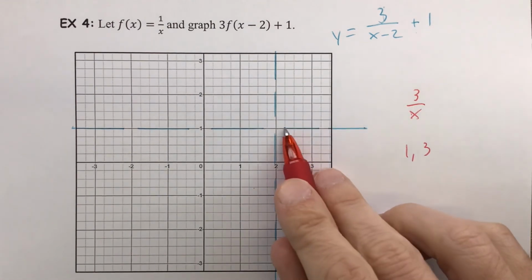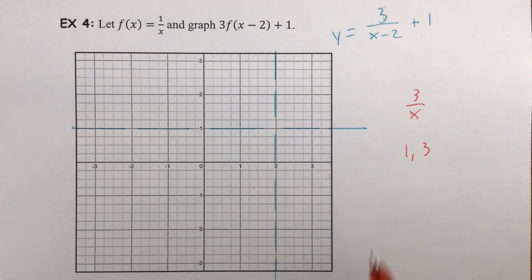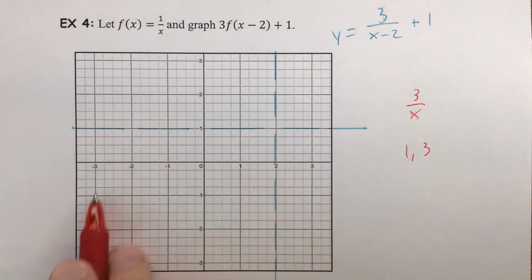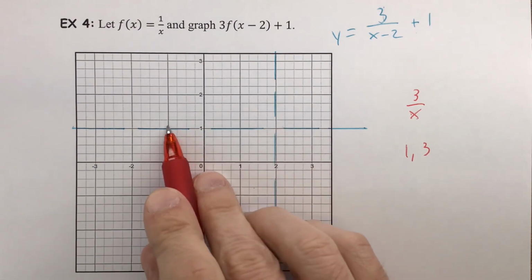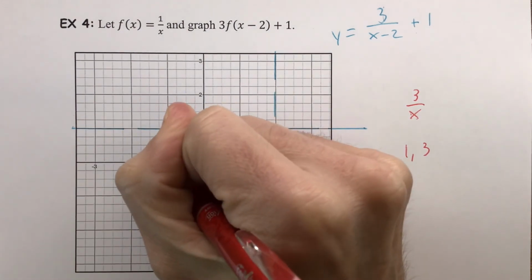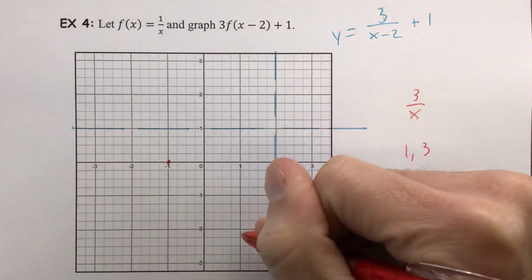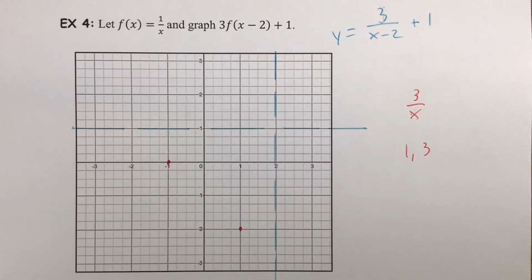As well, you could go 3 units this way and up 1. Again, that doesn't fit. But I can still plot the points over here. I can go over 3 and down 1. I can go over 1 and down 3. Now beyond that, I'm not going to get any really nice coordinates. So I'm just going to use those two to start to sketch the graph.